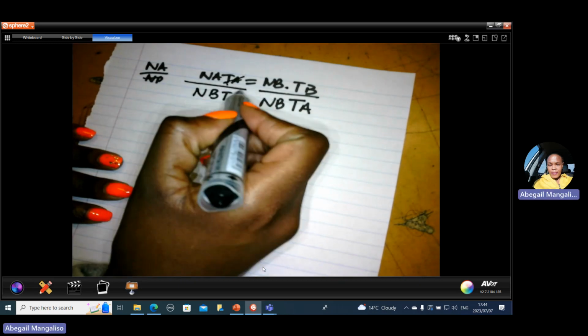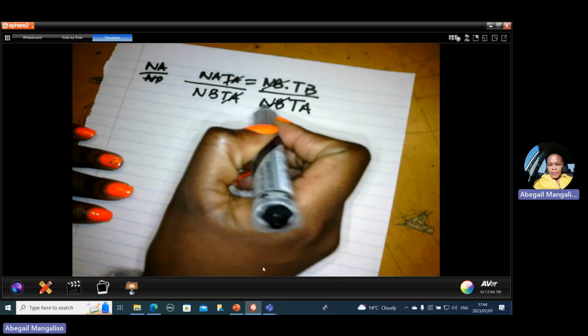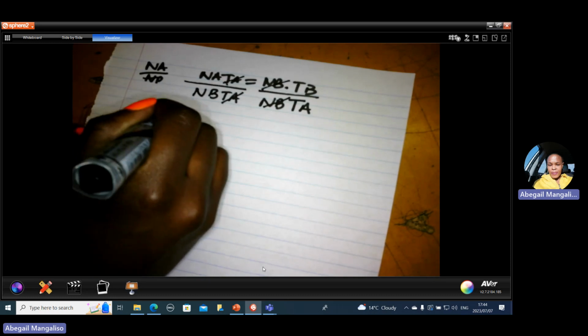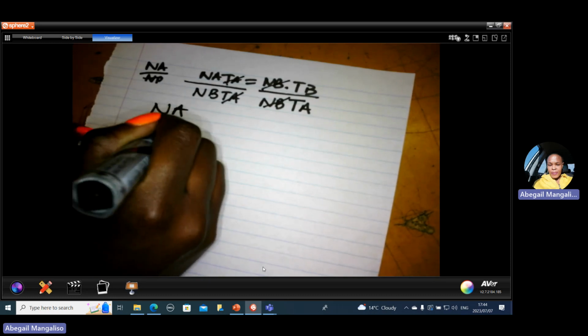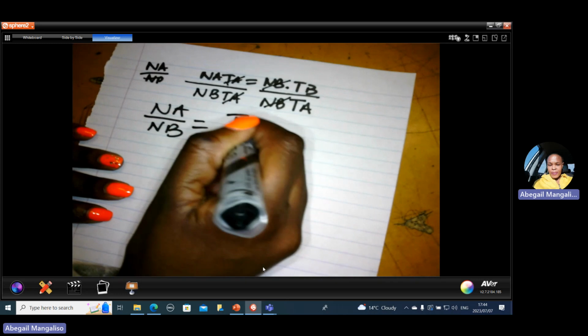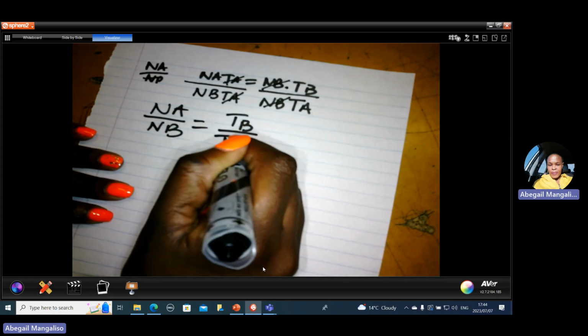Then TA cancels TA on this side, and NB cancels NB. So NA divided by NB is equal to TB divided by TA.